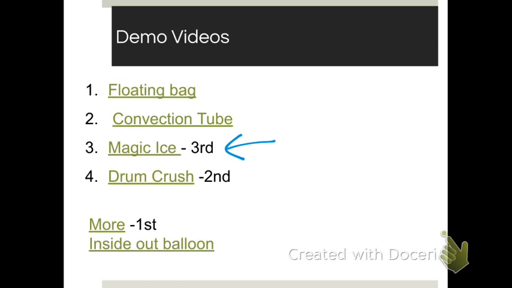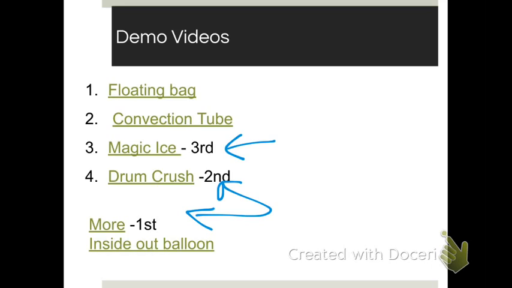Now, the drum crush one, that's when you actually saw a soda can crush. And this is something that maybe when I get back we can do, but it's really neat. If you had a soda can that was closed and you did a lot of heat transfer, that could actually cause the can to bust. But because you are just working with one that's open, it's just showing you the movement of the air.